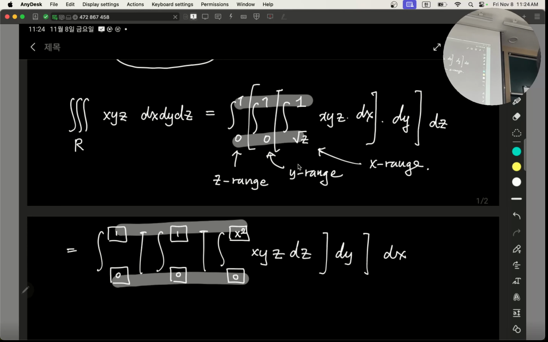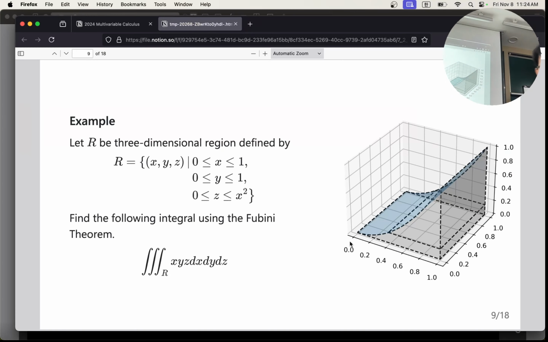I don't know how they do it, but they probably have a visual 3D picture in their mind. But I would rather draw the picture and see how the section looks, and that's how I change the representation of the domain.